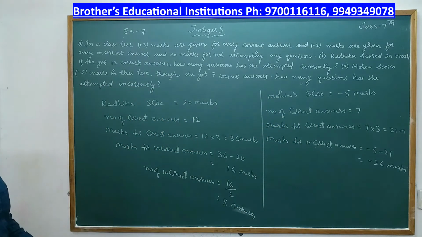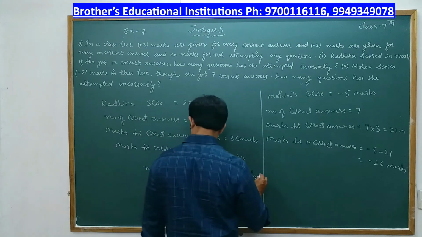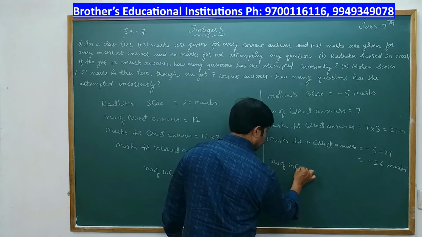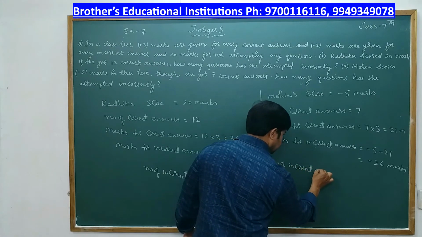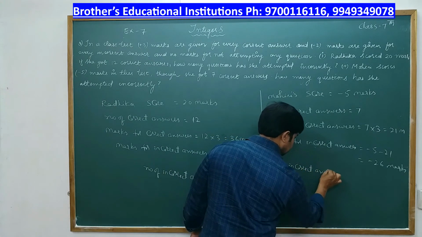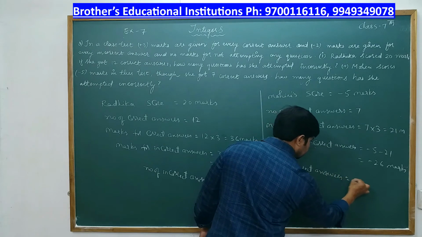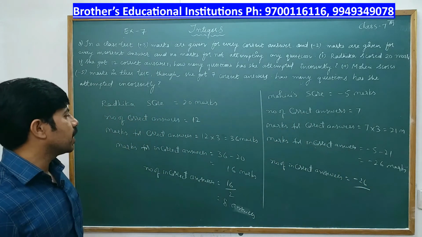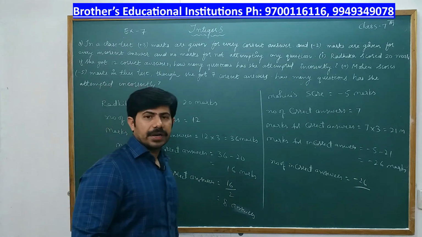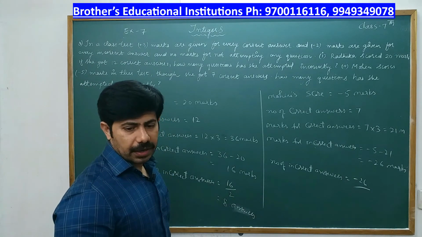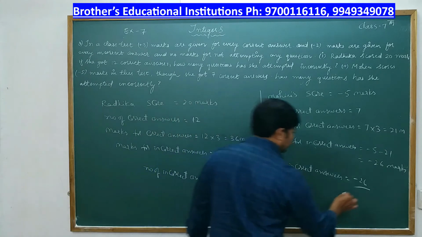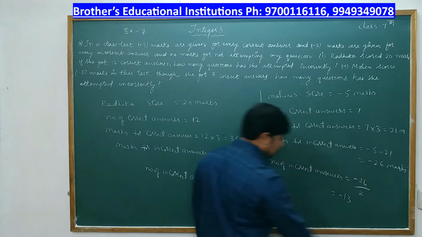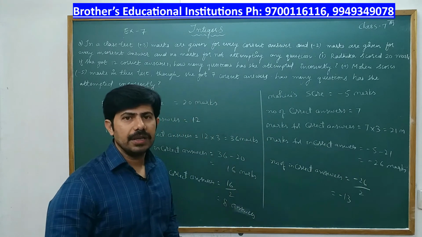Then after that we have to find out the number of incorrect answers. The number of incorrect answers is nothing but minus 26 divided by how many marks are deducted for every incorrect answer? 2 marks are deducted. So divide by 2, the number of incorrect answers is minus 13.